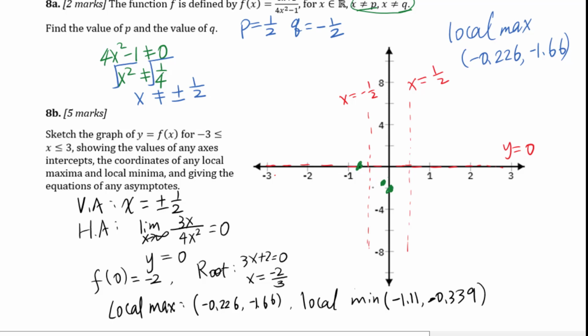And the local maximum, negative 0.226, negative 1.66, estimate over here. And the local minimum, negative 1.11 and negative 0.339. Let's estimate over here. Then we can sketch the graph.